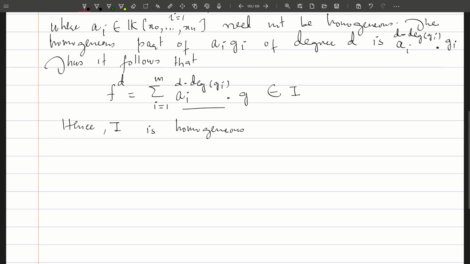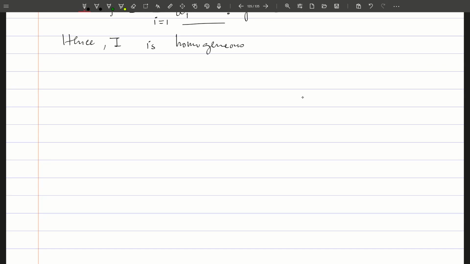So now we have one more definition. Let I be an ideal in the polynomial ring in n plus 1 variables, which is given to be a homogeneous ideal.